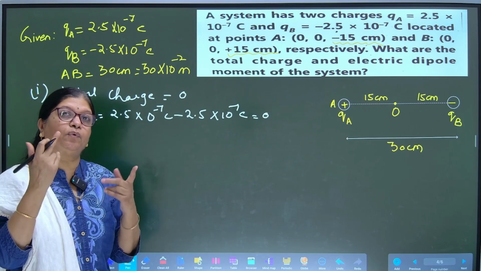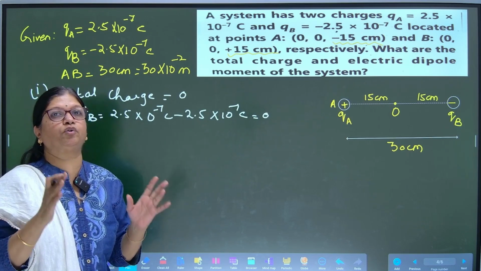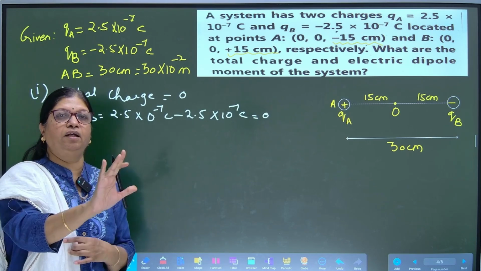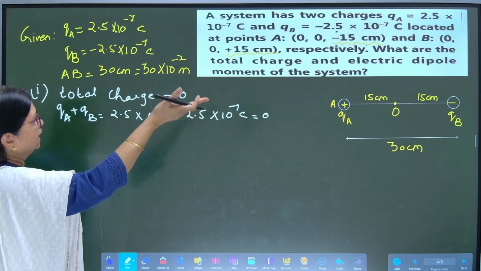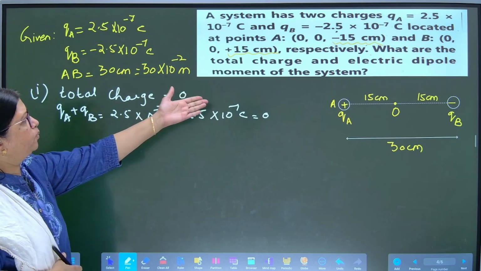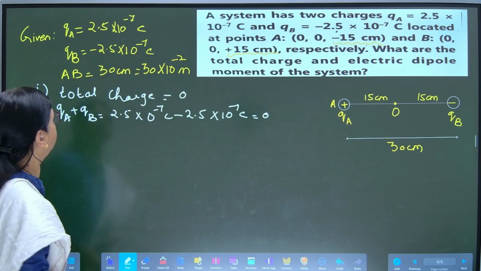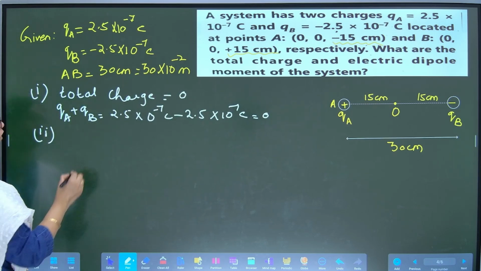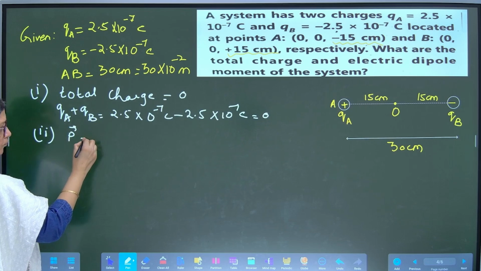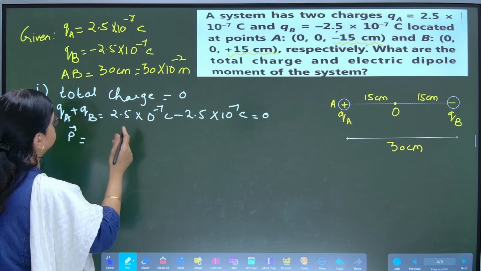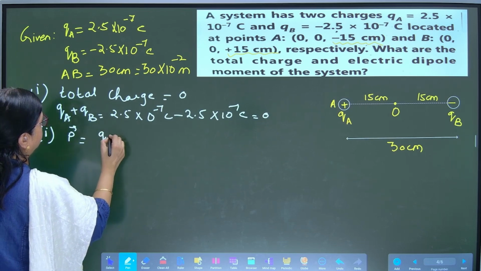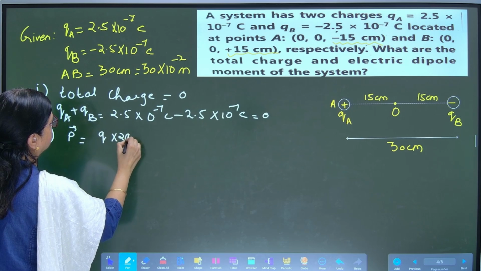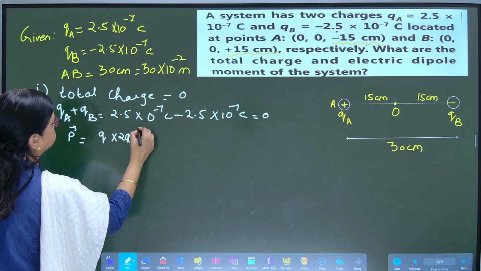So this can be one multiple choice question also, which you have to remember as a part of theory and numerical. Now next part they are asking me electric dipole moment of the system. What is the formula for electric dipole moment? P arrow is equal to Q into 2A P cap.